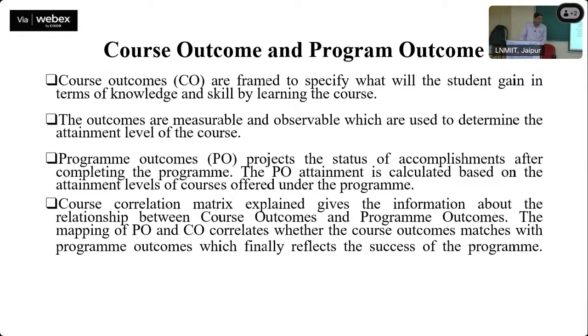Design is criteria 1 of the SAR, the outcome-based curriculum design, how we design our program according to outcome-based education. The second criteria is related to implementation, which means teaching learning. Most of the parameters of criteria 2 relate to teaching learning.